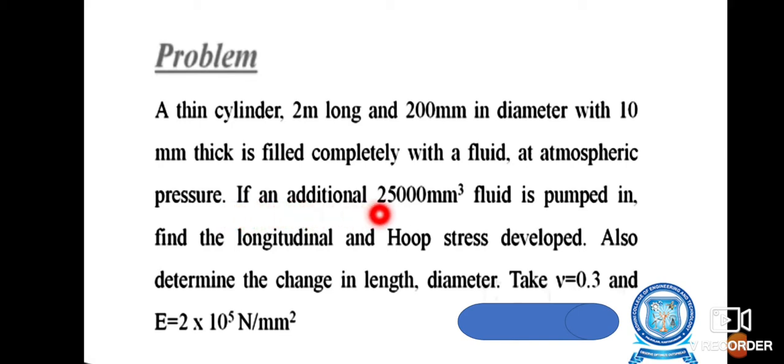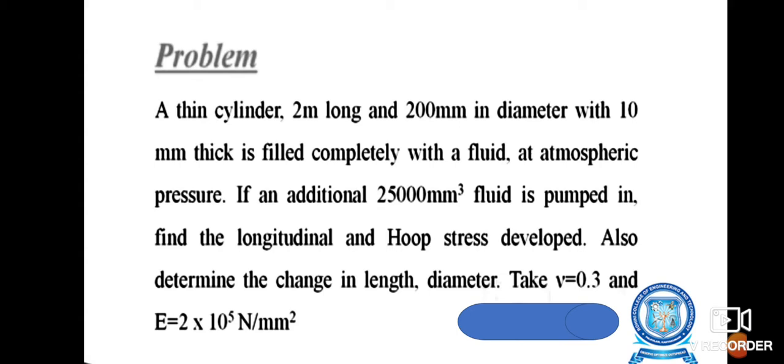If an additional 25,000 mm³ of fluid is pumped in, find the longitudinal and hoop stress developed. Also, determine the change in length and diameter. Take ν equal to 0.3 and E equal to 2 × 10^5 N/mm².